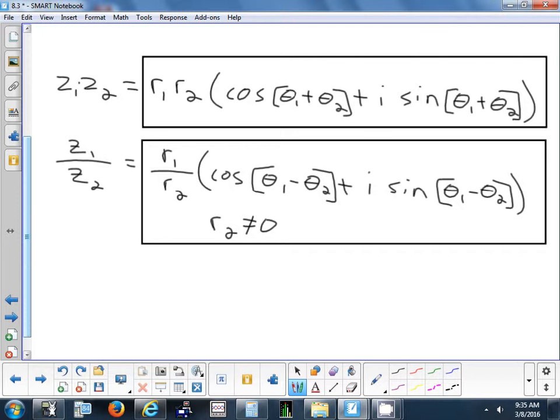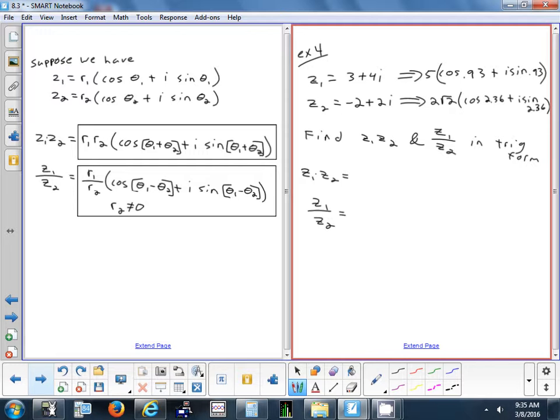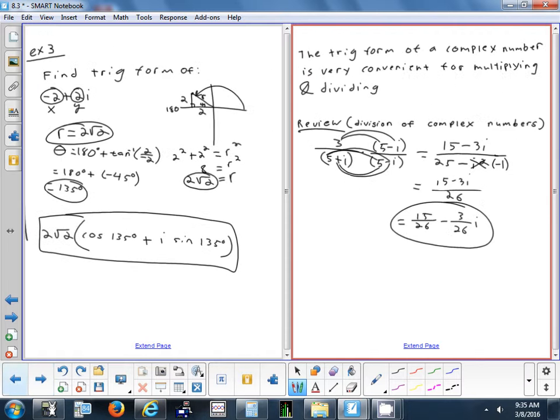Okay, does everybody have the two formulas for multiplying and dividing in trig form? All right, so let's look at an example. What I've done here is I've already changed them to trig form for you. In fact, -2 plus 2i, if you go back in the notes, I think that's one that we did. We did it in degrees.